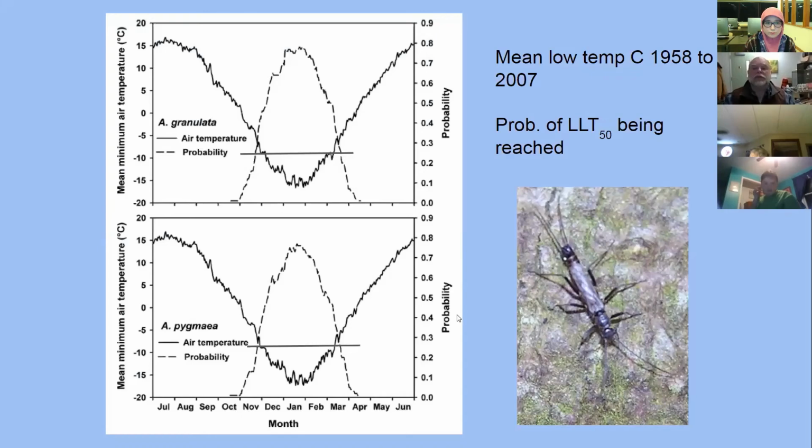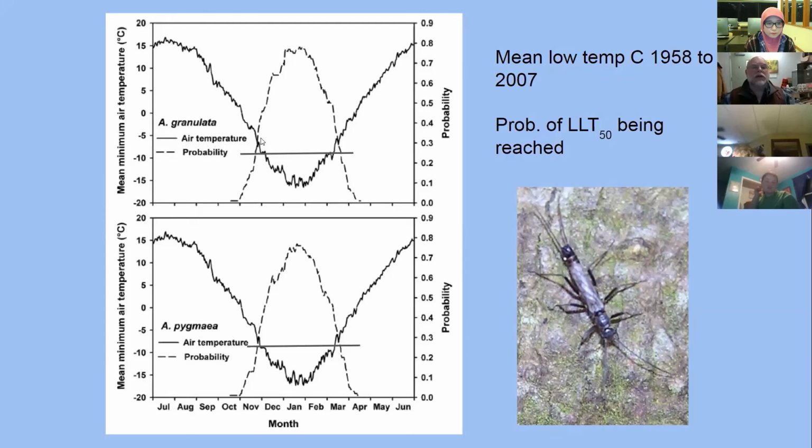And so they have data from 1958 to 2007. This line here demonstrates the mean low temperature over this 60-year period.